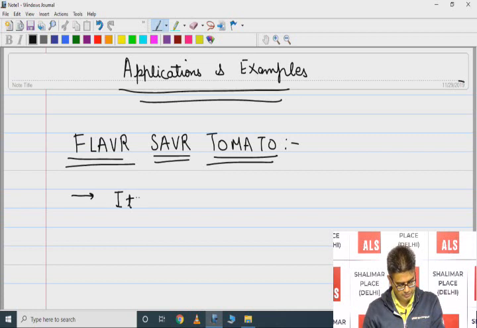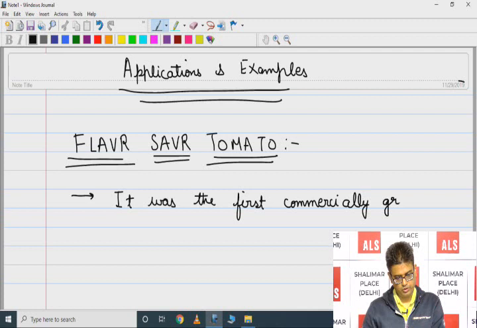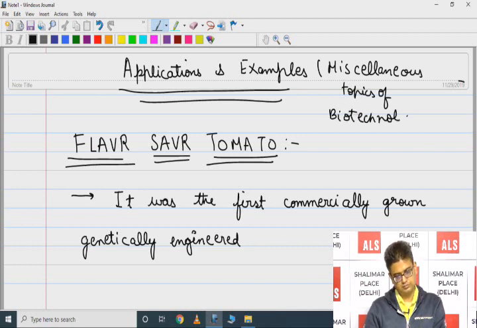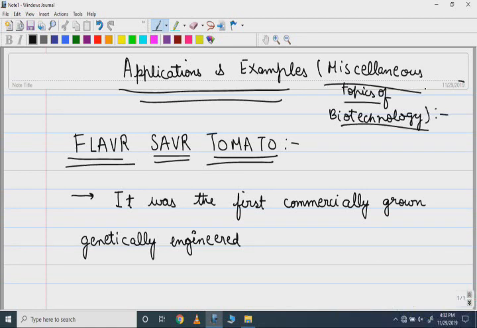It was the first commercially grown, genetically engineered food to be given license for human consumption.